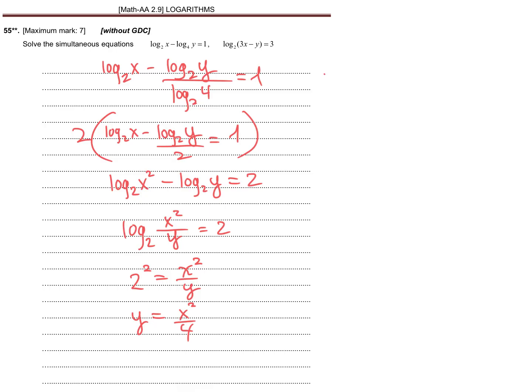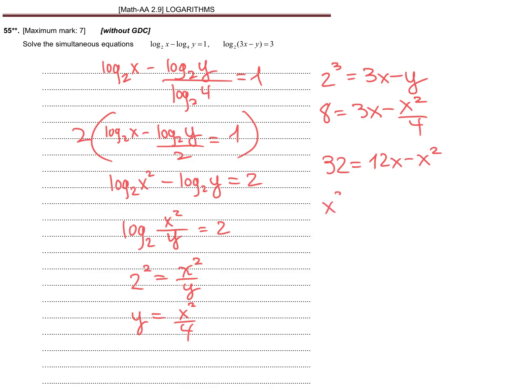This one we can straight away write in exponential. 2 cubed equals 3x minus y. So 8 is 3x minus, and I'm going to put in x squared over 4, multiplying everything by 4, and getting it equal to 0.